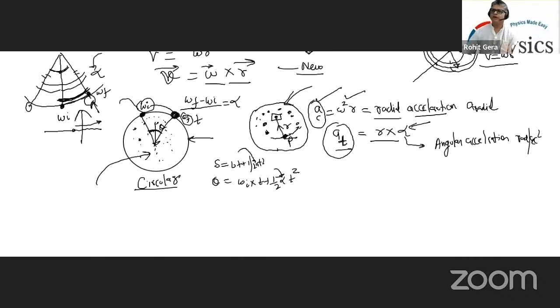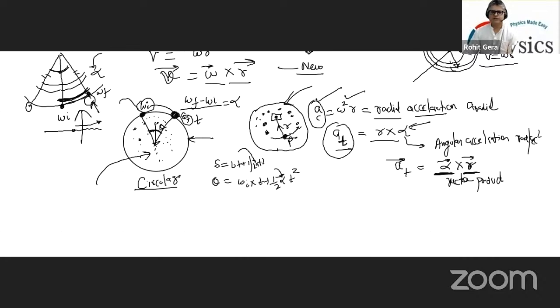So whenever you see a rigid body motion, you should look at it from this point of view, that maybe this has a centripetal acceleration also, and this also has a tangential acceleration. Tangential acceleration in terms of vector can be found using alpha cross r. This is a vector product of alpha and r, the distance of that particle from the axis.